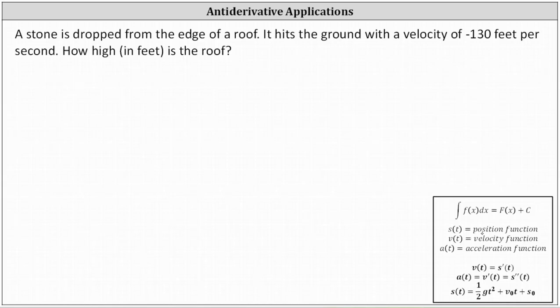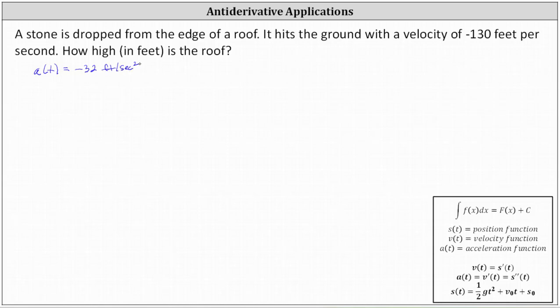Let's begin by listing all of the given information. Because the stone is simply dropped from the edge of a roof, the only acceleration is the acceleration due to gravity, which indicates a of t equals negative 32 feet per second squared.